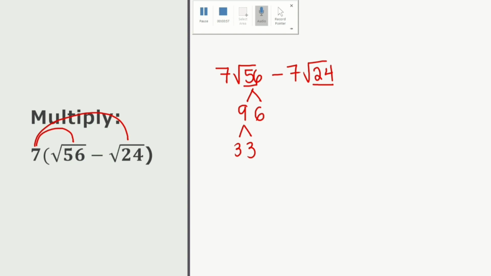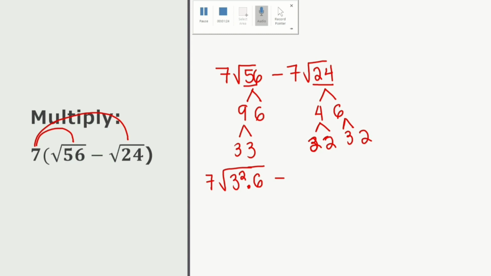So, we can rewrite square root of 56 as 7 times the square root of 3 squared times 6 minus, for square root of 24, let's say we're going to use 4 times 6. Then 4 is 2 times 2 and this one is 3 times 2.